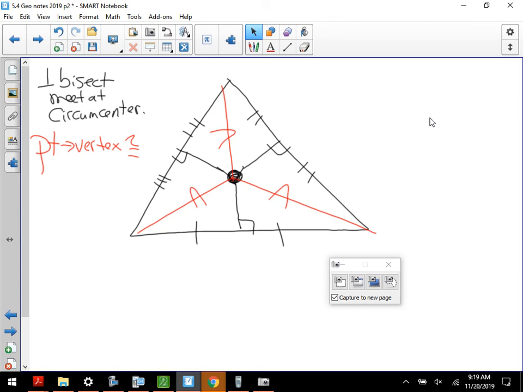And again, this has got all the different points of concurrency to them. We'll go back through that other side that we haven't done yet. We'll do that one again tomorrow, no big deal.